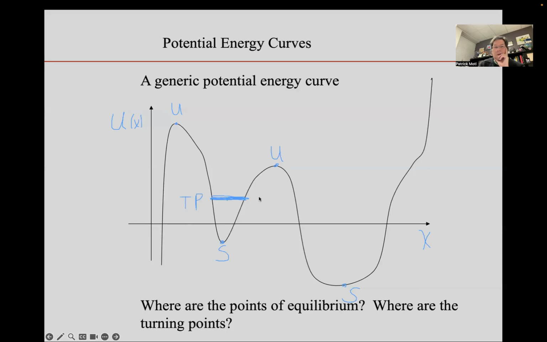So given a potential energy curve, and if you have a system, so a particle experiencing that conservative force, then we could think about the motion of that particle as just bouncing back and forth between turning points. If you change the kinetic energy, those turning points could change. So if I give it enough kinetic energy, they can be all the way up here.